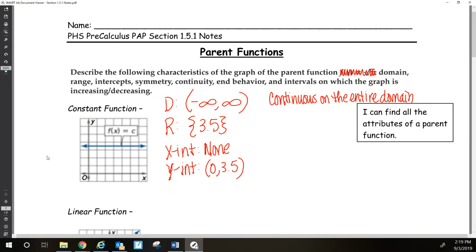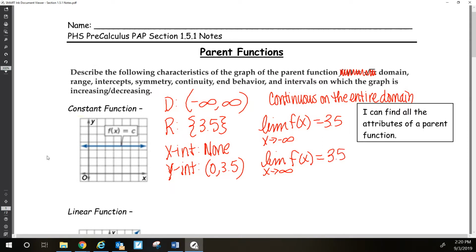What's our end behavior? This is good review from our last test. So the limit as x goes to negative infinity of f of x, where does it go to? It stays right there at that constant value. It's going to be 3.5. And our limit as x goes to positive infinity, what happens to your y's as x goes to positive infinity? They stay right there at 3.5.